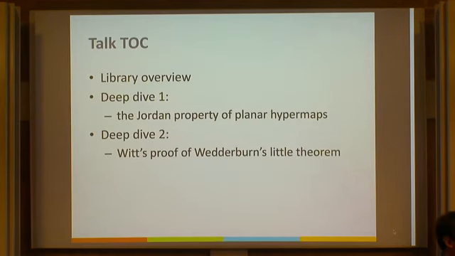which is more mathematical in nature and is actually fairly good at showing off the various parts of the library. I think every one of the fundamental algebraic things that we've built into the library actually shows up in this proof. And that's the proof of Wedderburn's little theorem, adapted from Witt.